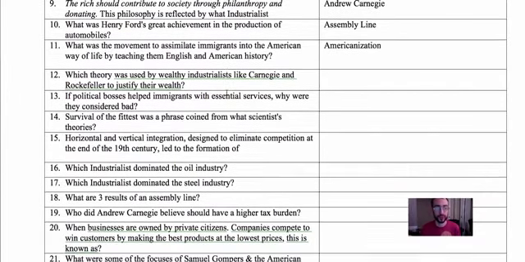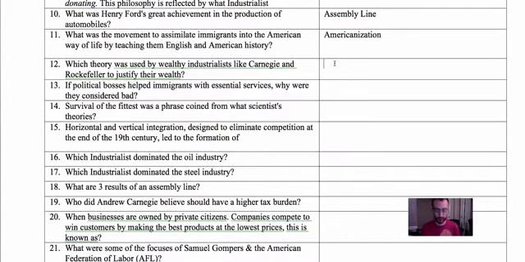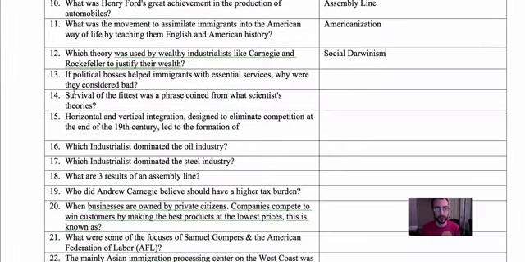Number 12, which theory was used by wealthy industrialists like Carnegie and Rockefeller to justify their wealth? They justified their wealth through social Darwinism. Number 13, if political bosses helped immigrants with essential services, why were they considered bad? They bribed. Bribing is not a good thing.